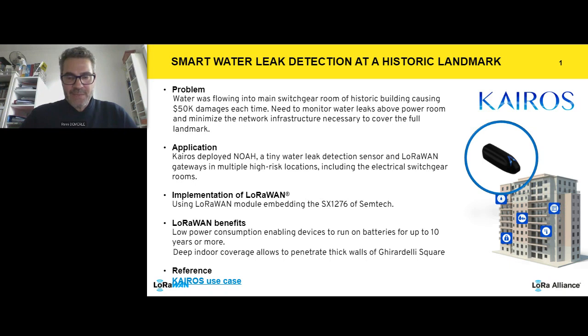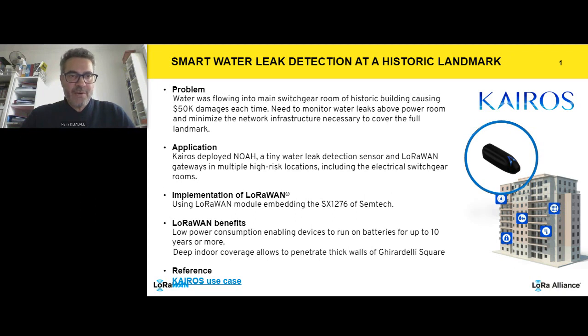It has been deployed, for example, in Ghirardelli Square in the US, and today, in just 18 months, 7,000 apartments have been equipped with such a solution, preventing drastic catastrophic leaks. The solution is implementing the SX1276, a Semtech product.